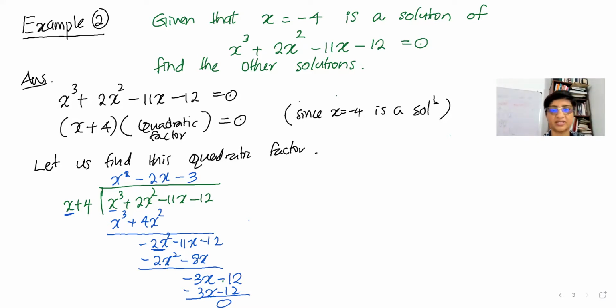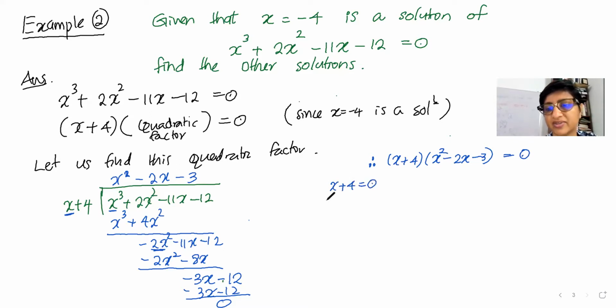And how do I now proceed? This is my equation now. This part is already given to me, so I don't have to proceed with that. Or I equate each factor to 0. I'm just showing you this side.